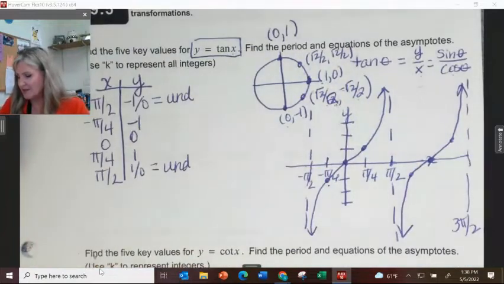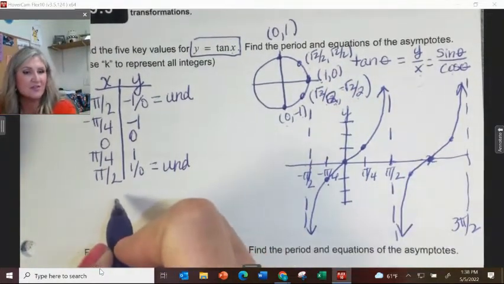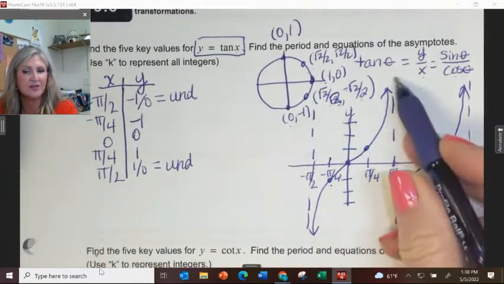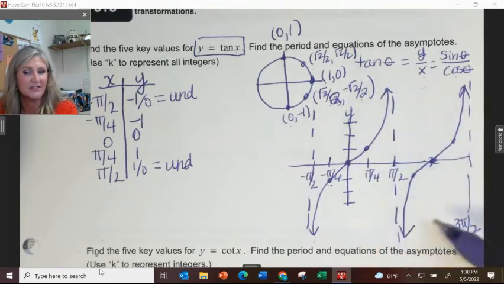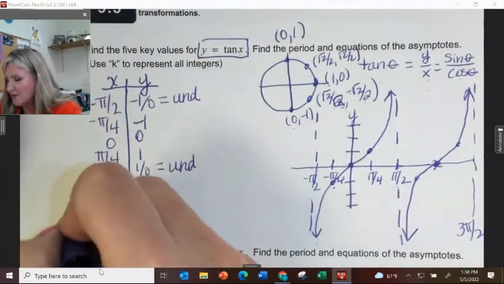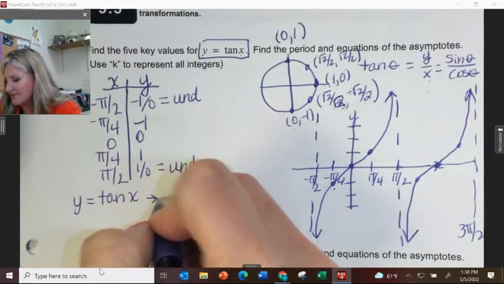All right, let's talk about some important things here. If you know the vertical asymptotes, you're going to be in good shape for this. Also, guys, is this tangent curve increasing or decreasing? Increasing. So we need to know that y equals tan x is going to be increasing.